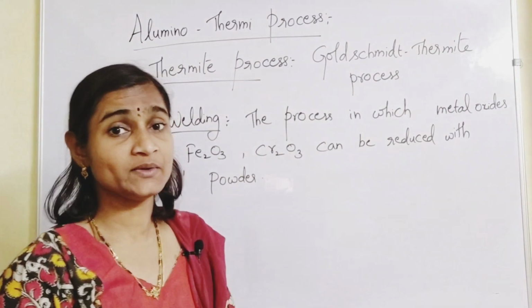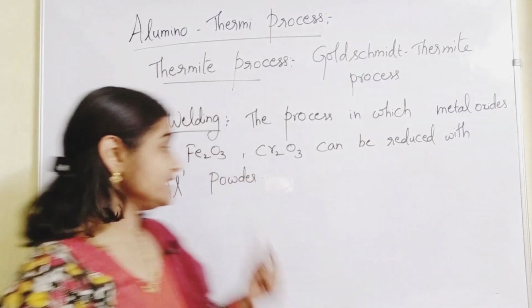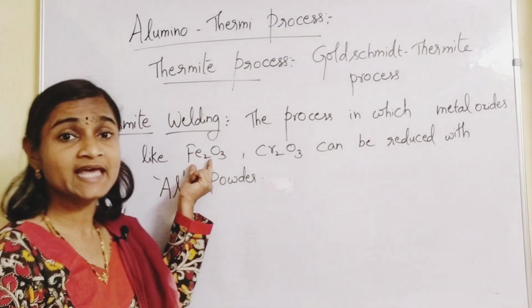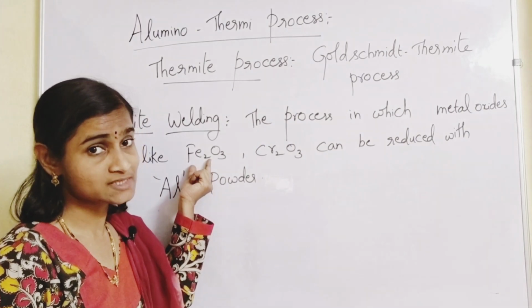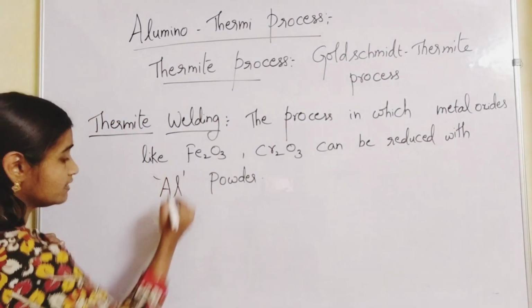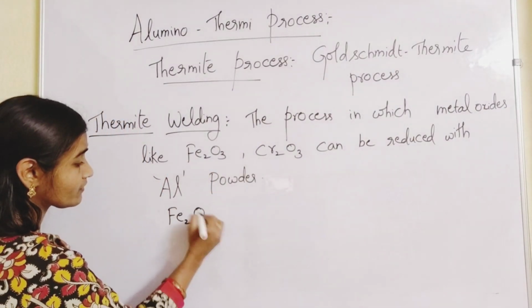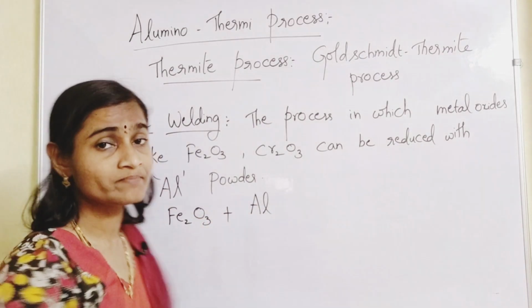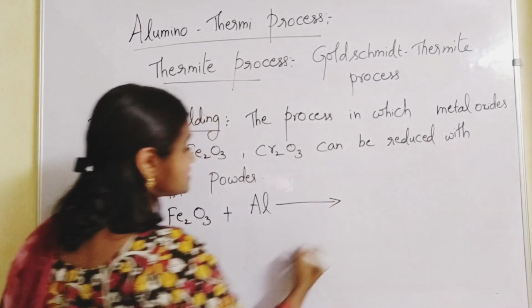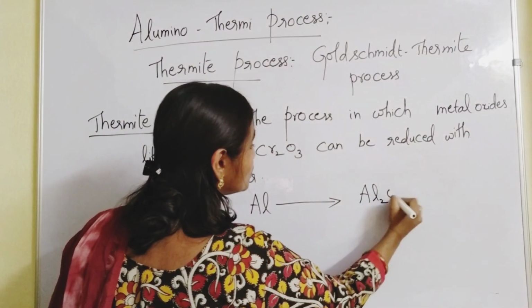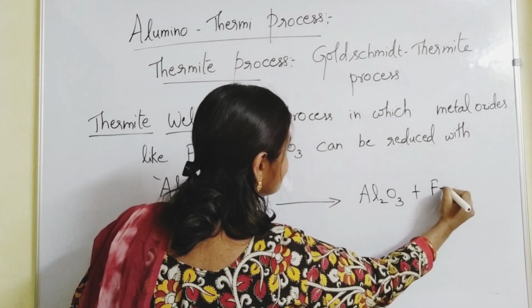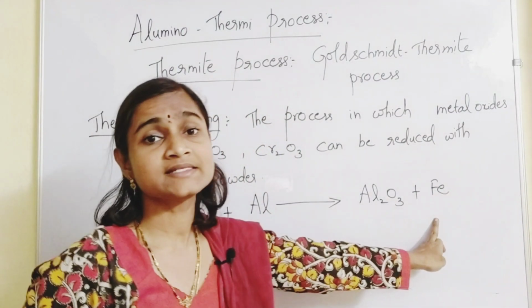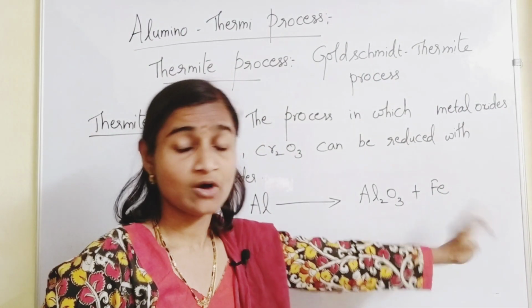Displacement you have learnt: a highly reactive metal displaces less reactive metals from their ores. So here Fe2O3, when made to react with aluminium powder, gives rise to Al2O3 plus Fe. Molten iron gets deposited or comes out.